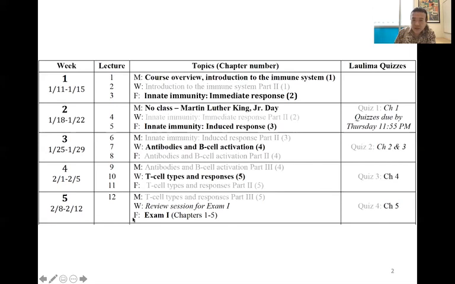I'll talk more about it as we get closer, but the exam is taken on Laulima during our normal class session. So you need to make sure that you have access to Laulima and can take the exam. Next Wednesday, instead of a new lecture, I will do a review session. You would log in just like normal for class, but it'll be a review of some of the big topics to make sure that you're on the right track for being ready for the exam next week.